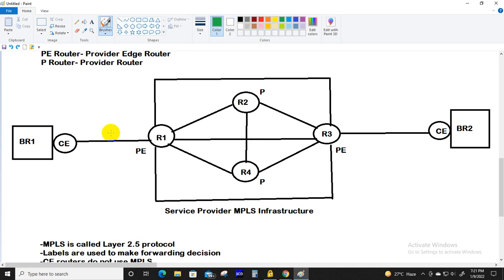Instead, service provider infrastructure connects these two CE routers together.